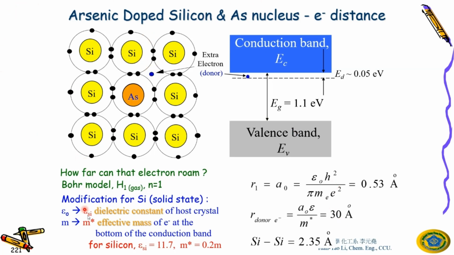You don't know where this is. It's too far. What does that mean? This electron is not controlled by this arsenic atom anymore. It's very, very far, so it cannot be controlled. So very little energy is required for it to become a free electron and to deliver electricity, right?